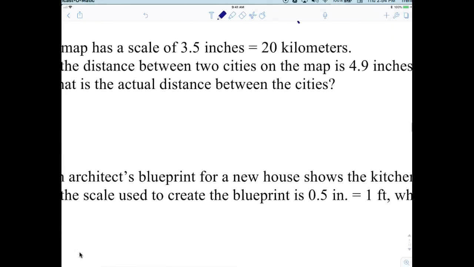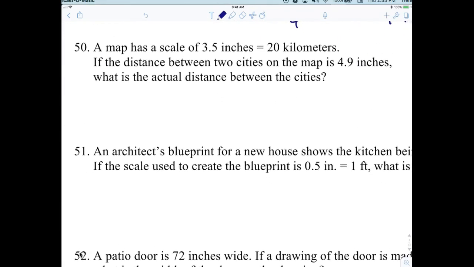All right? Now, I want to do number 50 just to make sure. 3.5 inches is to 20 kilometers. So we're going to write down 3.5 inches is to 20 kilometers equals. Now, where does the 4.9 inches go? On the top. I want everybody to say, obviously, the 4.9 has to go where?